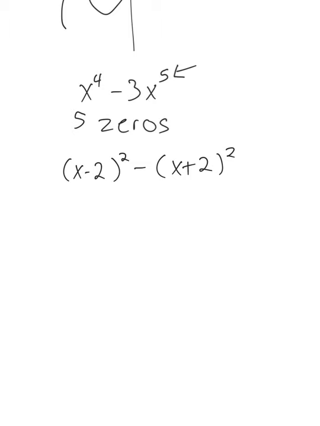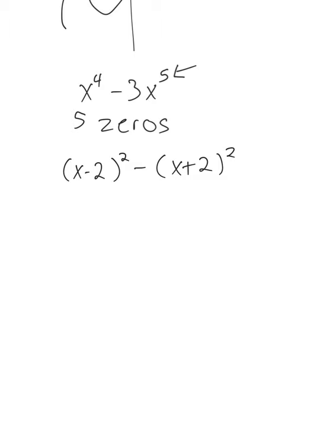Well, right now it looks like it might be a quadratic, and we could possibly have 2 zeros. However, I won't know 100% sure until I multiply everything out.